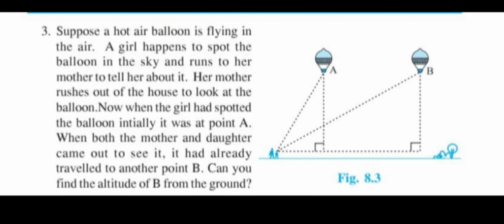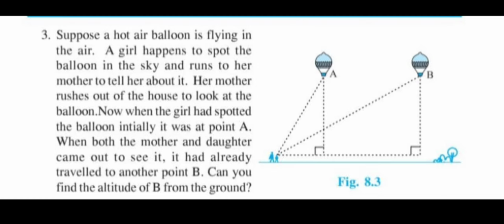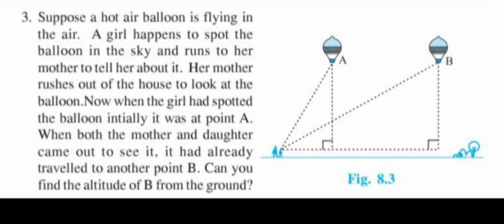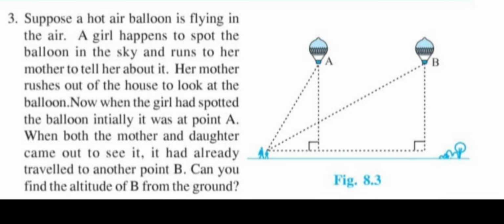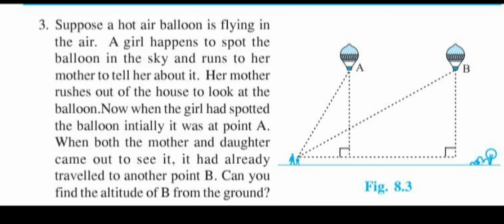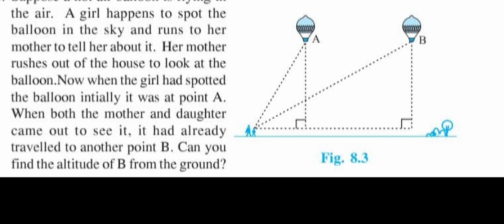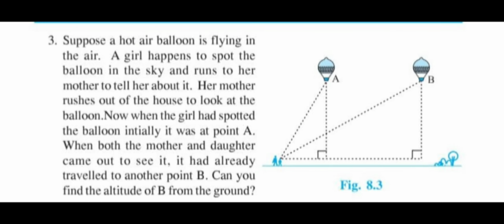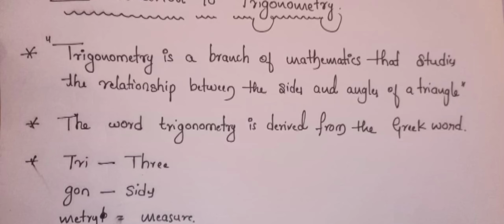Now when the girl spotted the balloon, initially it was at point A. But it moves, so when both the mother and daughter came out to see, it had already traveled to another point B from point A. Can you find the altitude of B from the ground? So these are the questions that arise. We'll discuss in this chapter how to find lengths, heights and distances like this. Okay, so that was the introduction to trigonometry.